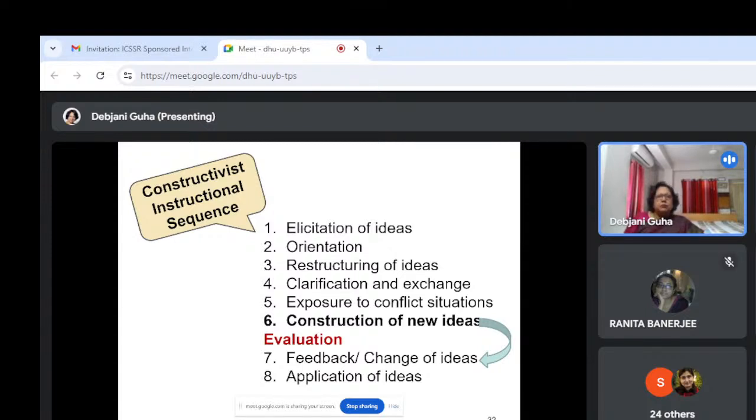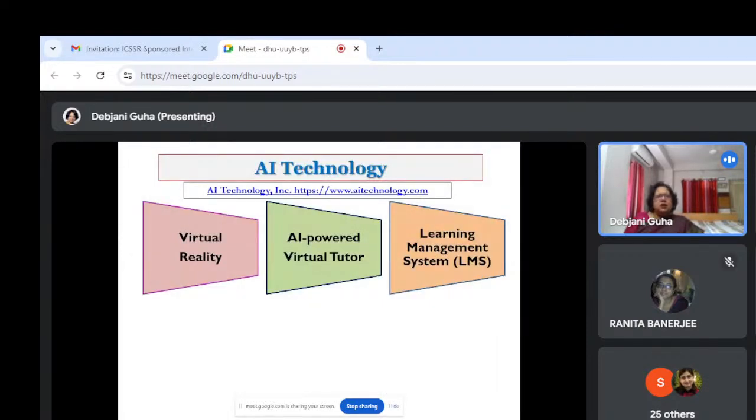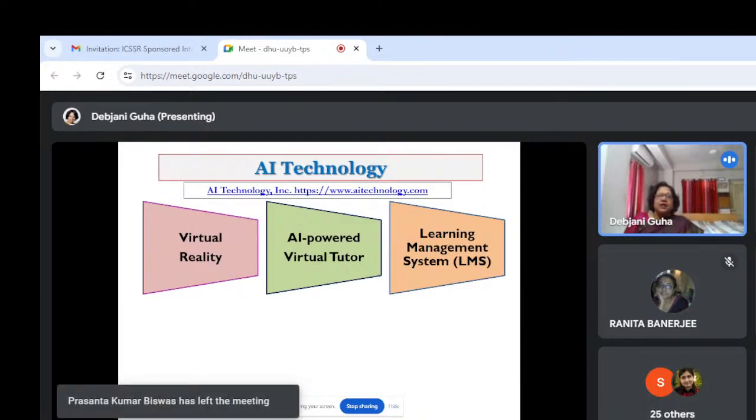Now, I'm going to AI technologies in education, not in much detail, but I want to mention three terms here: virtual reality, the AI-powered virtual tutor, and the learning management system, LMS, which was stated by Debjani previously.